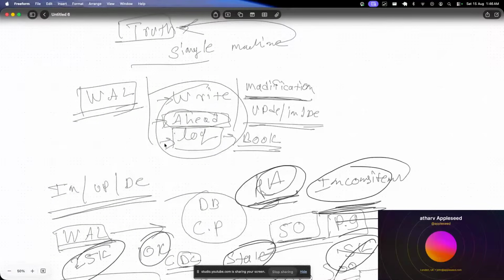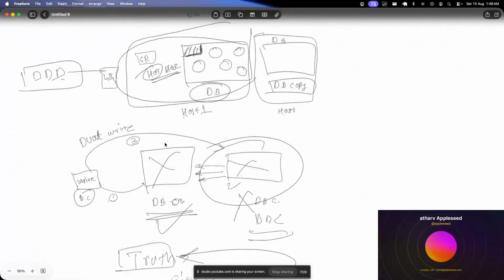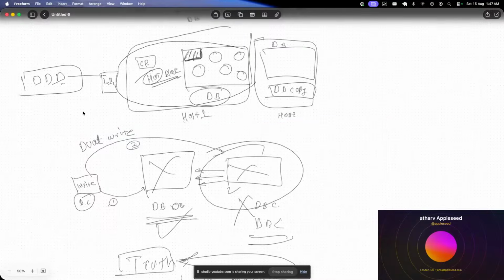The partitioning, replication, that was the dual write problem. I heard it from one of my roommates during my internship. He told me how he migrated from MySQL to MongoDB by using dual writes for migrating the databases.